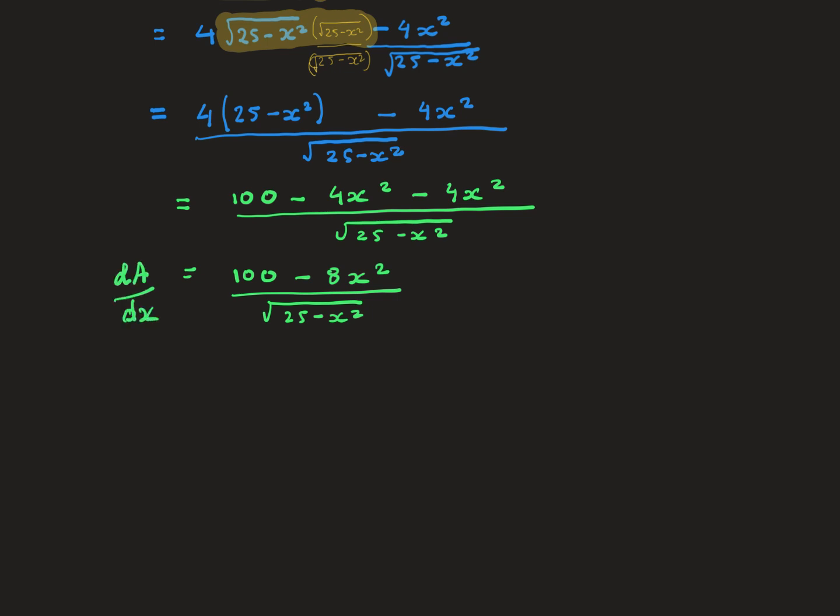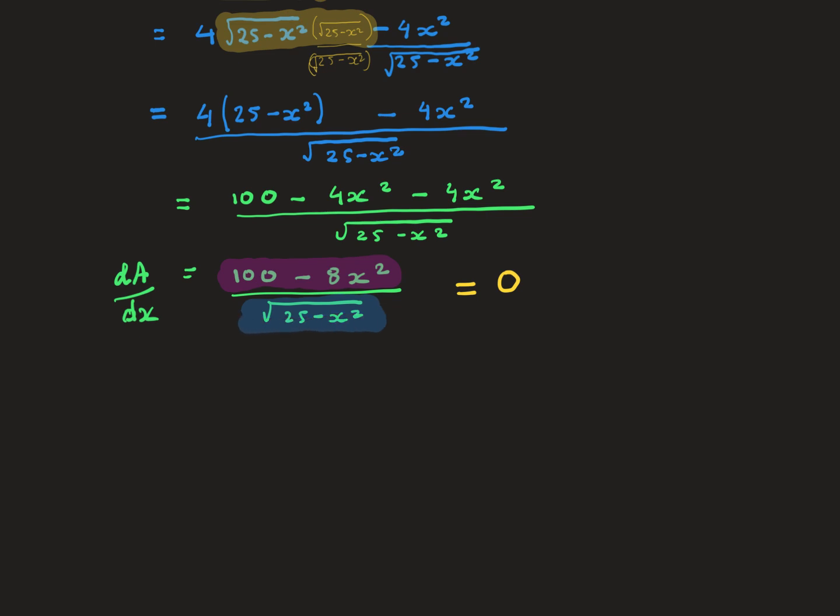So what's the value of x when dA dx is equal to 0? What makes this equation 0? This equation is only 0 when this numerator is 0. What the denominator tells us is a different thing altogether.